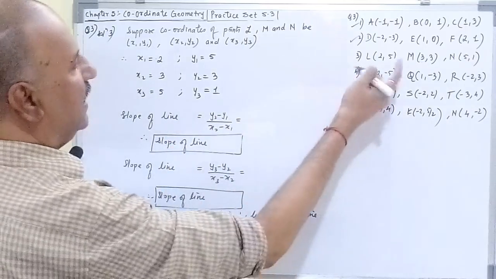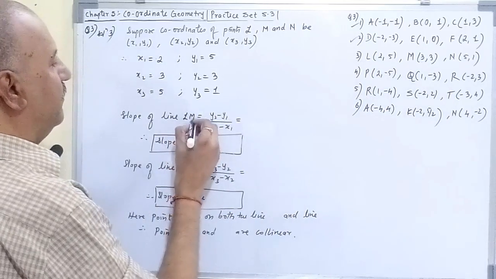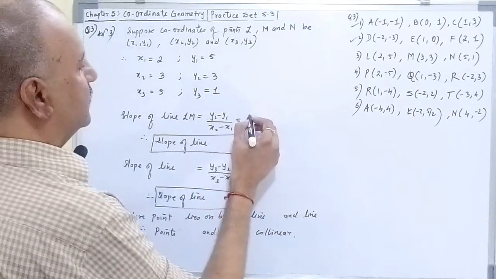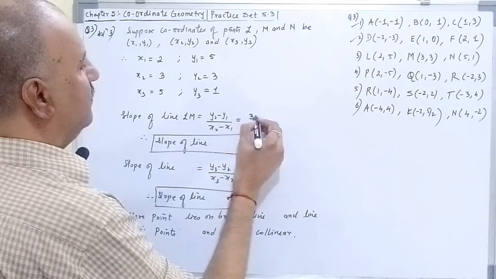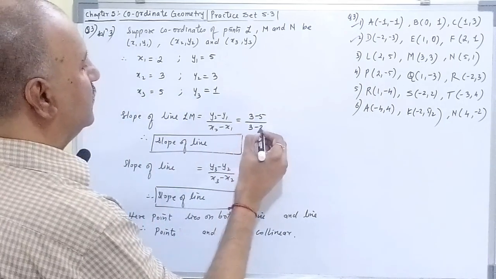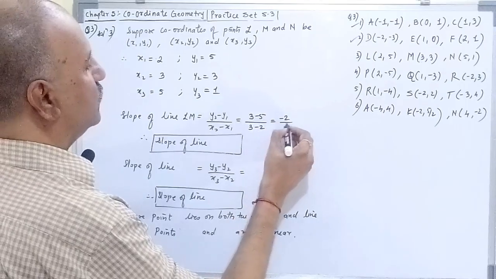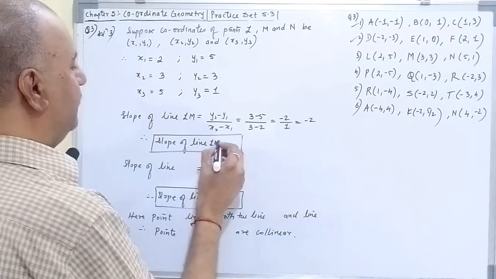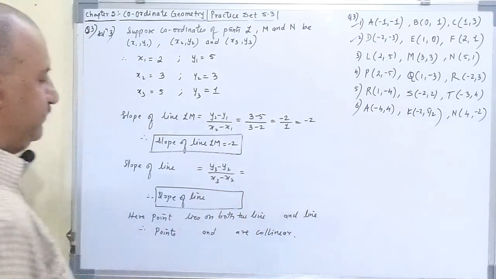So first line is LM. y2 minus y1, so 3 minus 5 upon 3 minus 2. So this is minus 2 upon 1, answer is minus 2. Slope LM is minus 2.